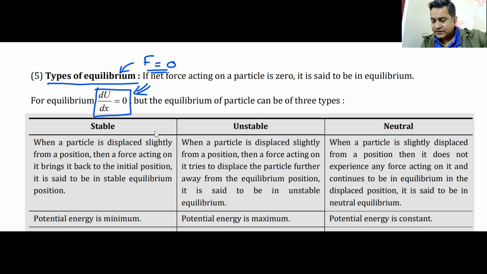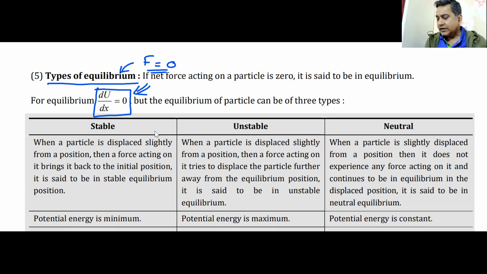So if the conservative force is zero, the partial derivative of that energy has to be zero. So this condition, that dU/dx is zero or F is equal to zero, is common to all the three equilibriums, whether it is stable, unstable, or neutral. I hope that point is already clear.